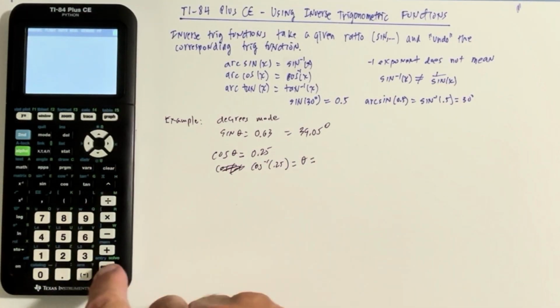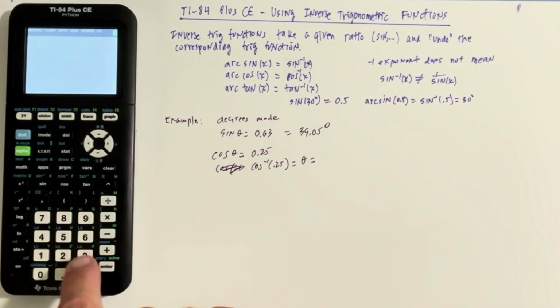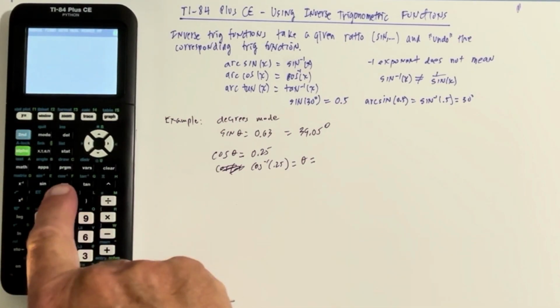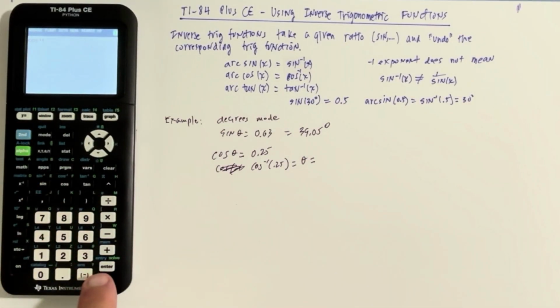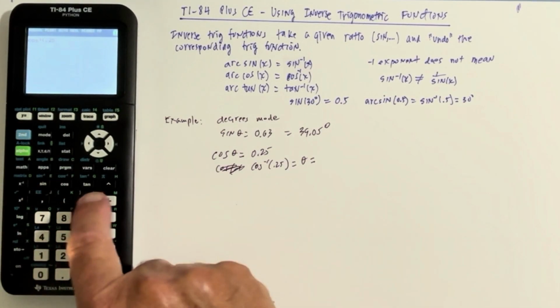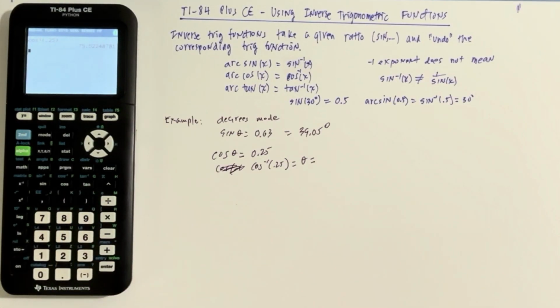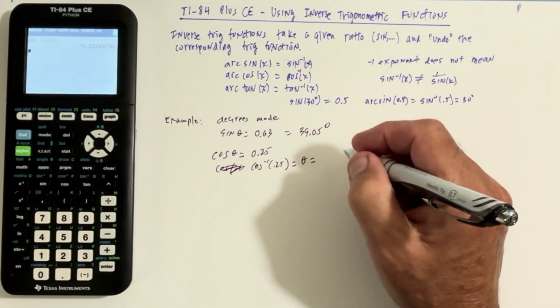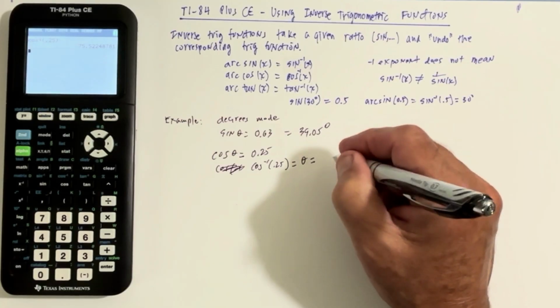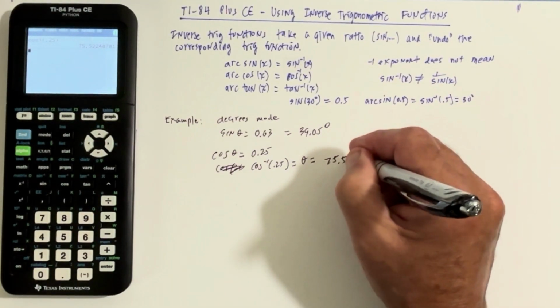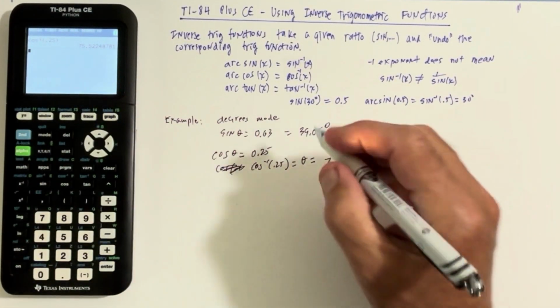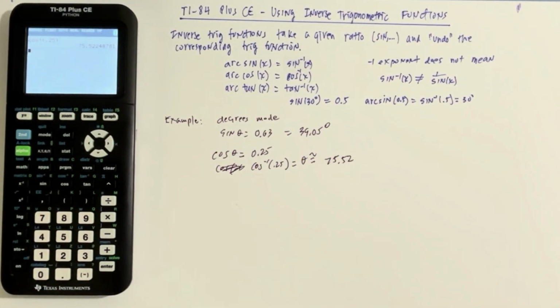Let's clear that. Second, there's our cosine inverse. Now we're going to put in 0.25 and press enter. That's equal to 75.52, and it's rounded, so it's approximate.